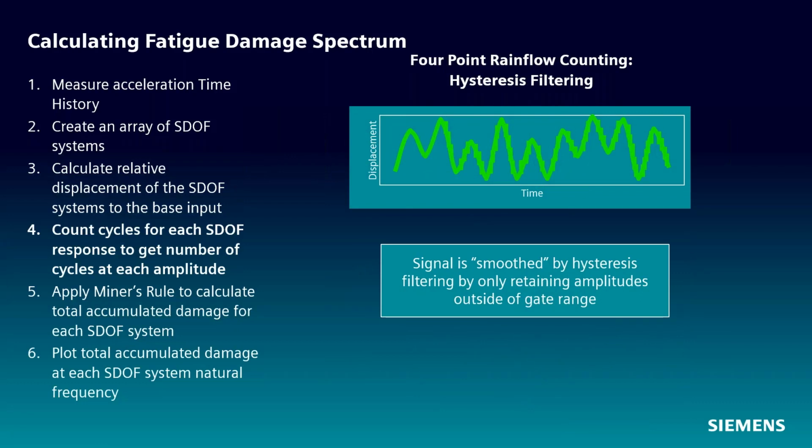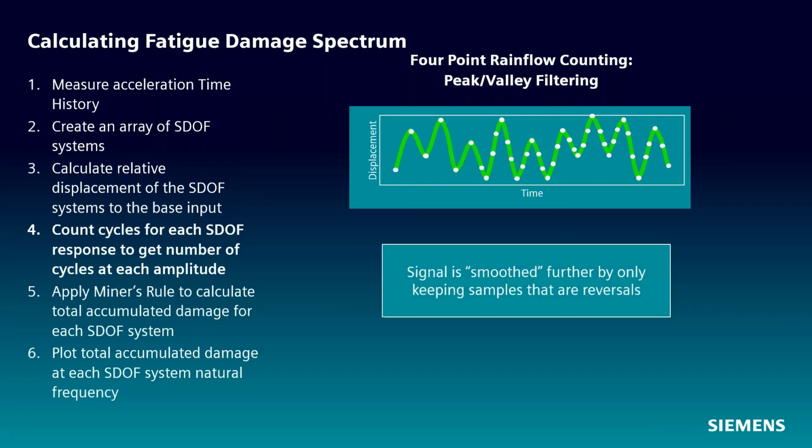And how this works is, first we apply some hysteresis filtering to that time domain signal. So that cleans it up a little bit. It smooths the signal, and we only retain amplitudes that are outside what we call a gate range. So now that we have that signal smoothed, our next step is removing all the information except where we have samples that are reversals in direction.